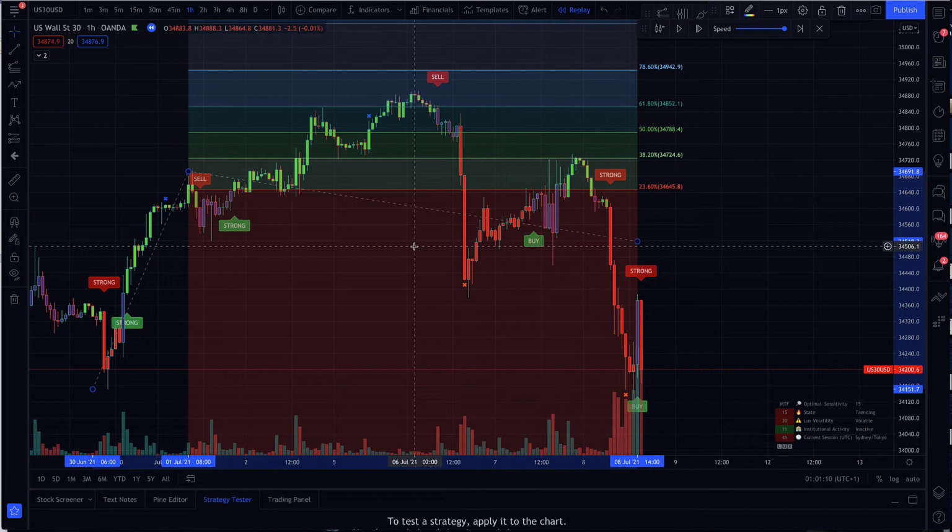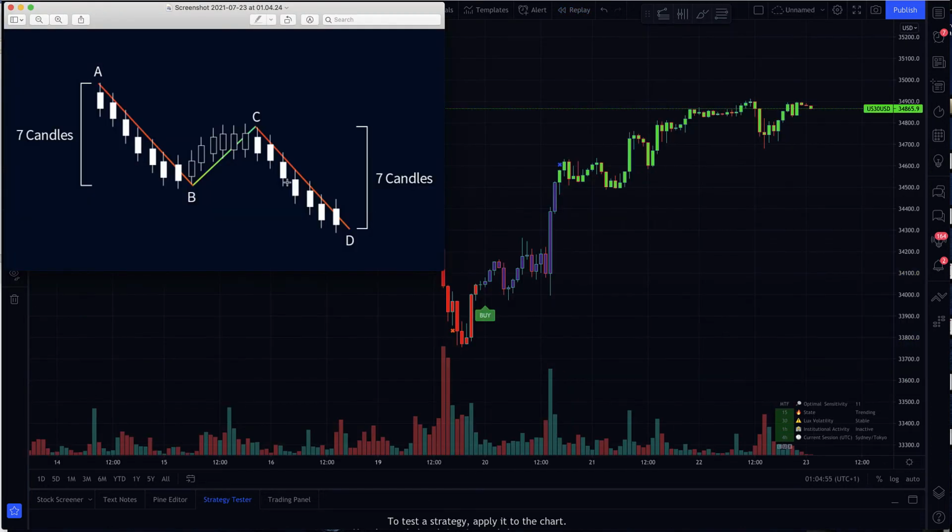Now let's have a look. We had a look at the bearish scenario where the projection goes and the Dow Jones drops. Now let's have a look at the opposite. The opposite looks like this. We have A on the top, we have B here, we have C, and as it goes down below the B level, we are trying to project where D is going to be.